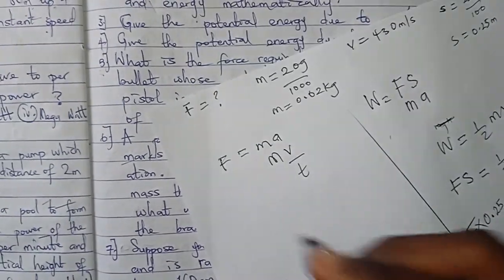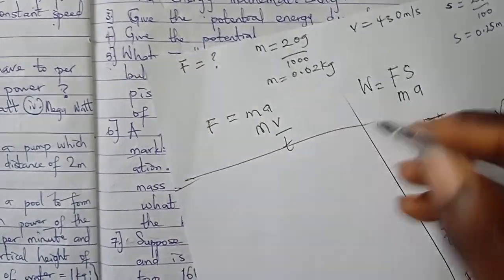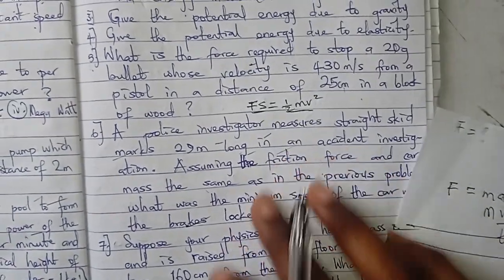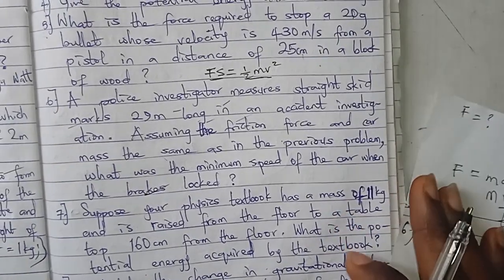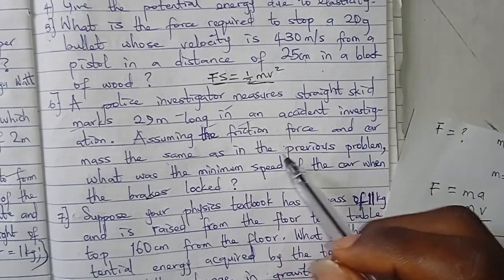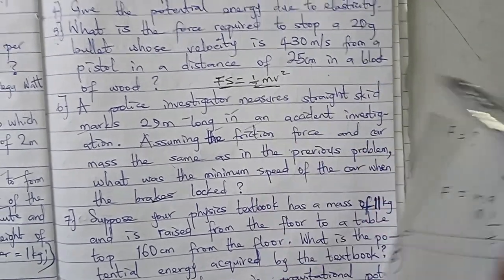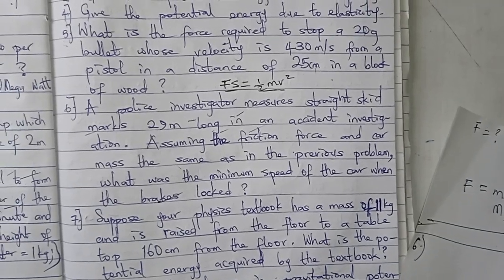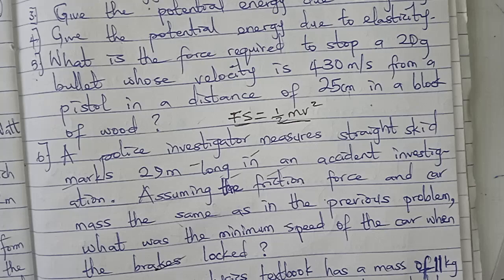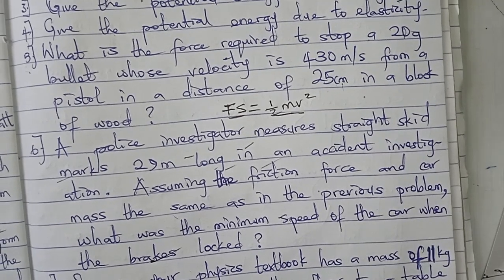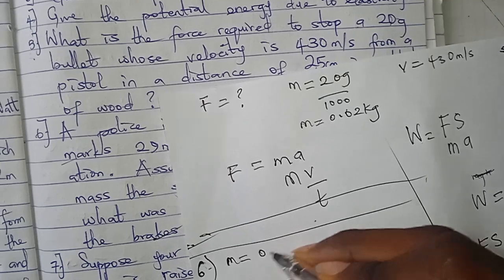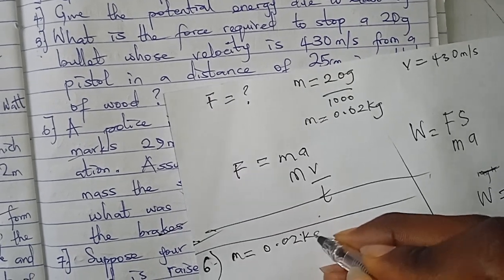So we have everything, that is problem 6. So we are assuming frictional force. That means we are taking it that opposing force will be 7,400, and car mass will be 0.02 kg.